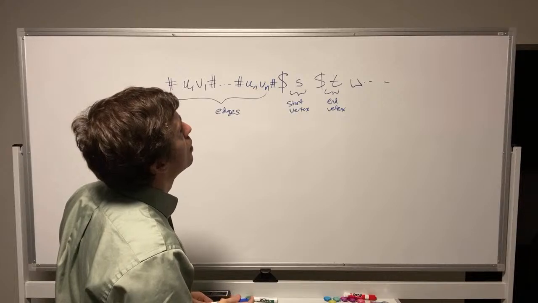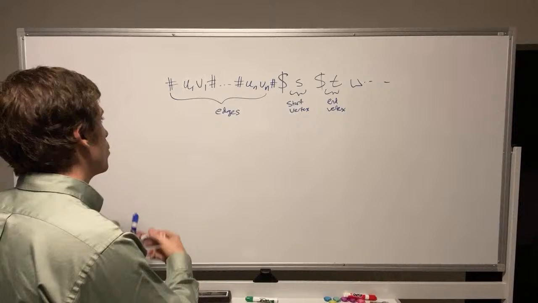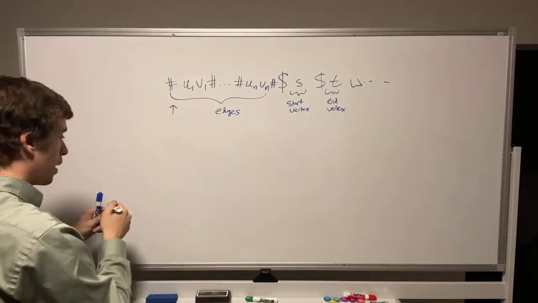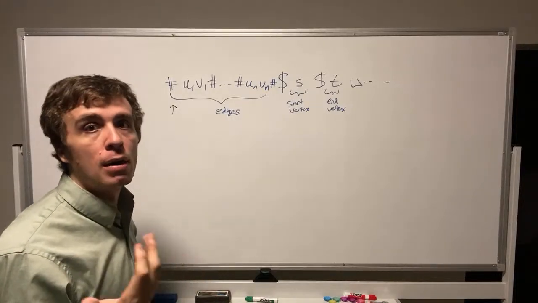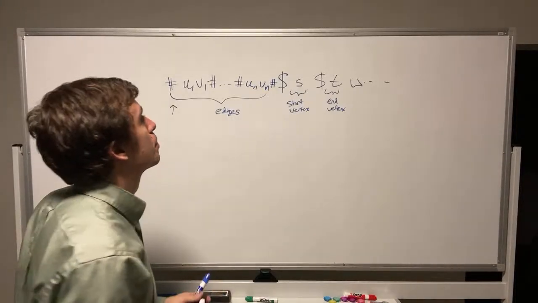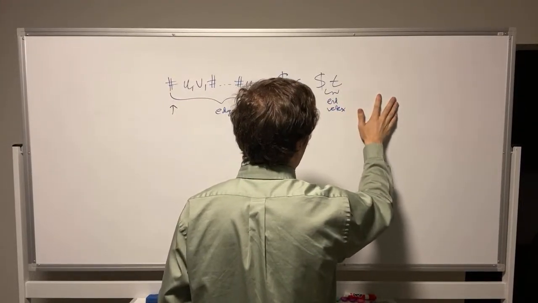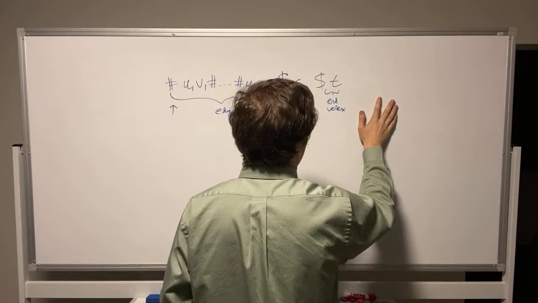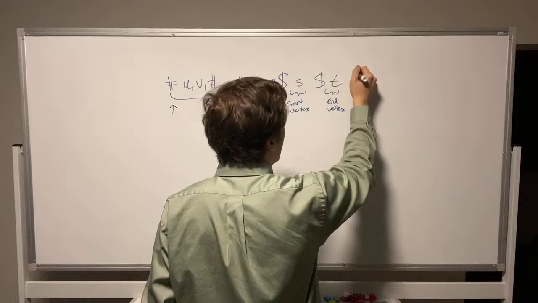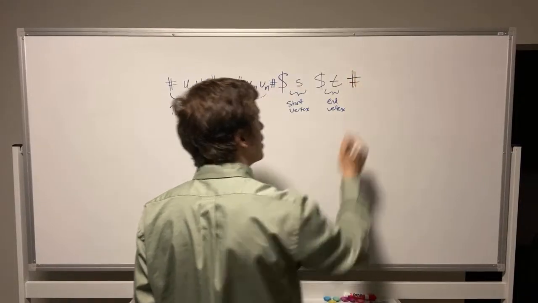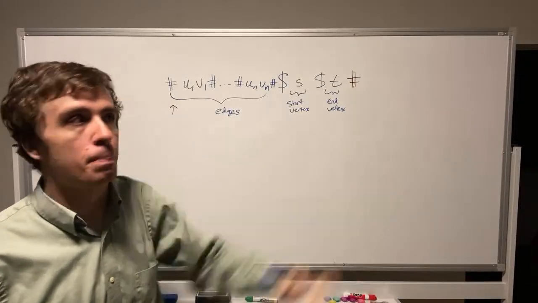Let's see. So how would we do breadth first search? Well, we always start over here. And we've got to maintain a queue of vertices to look at. I'm going to have a separator here to say all the work that's going to happen is going to be on the right side of that pound sign.